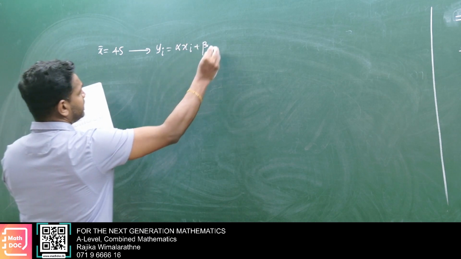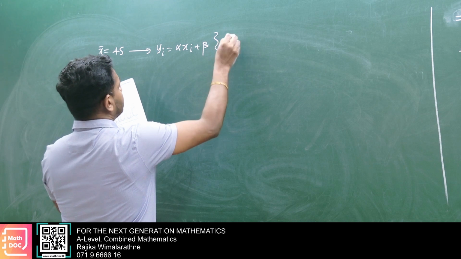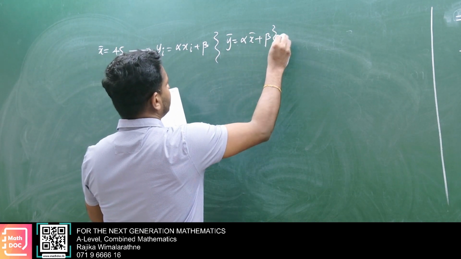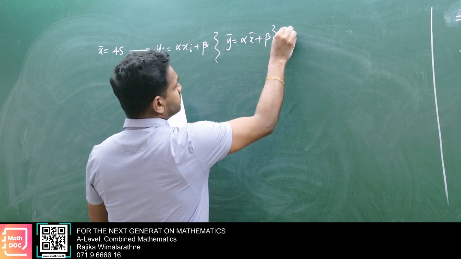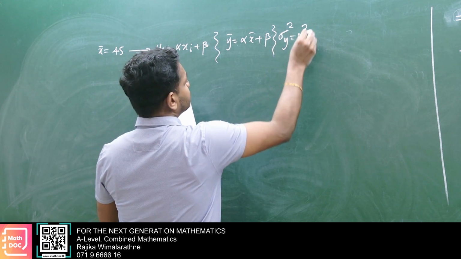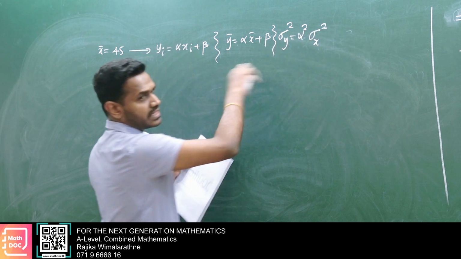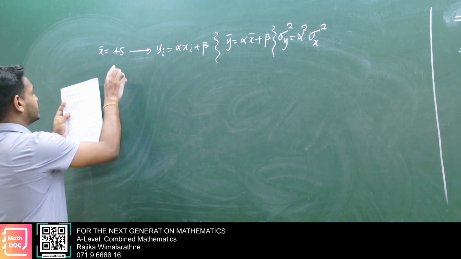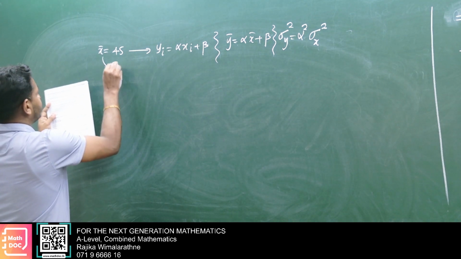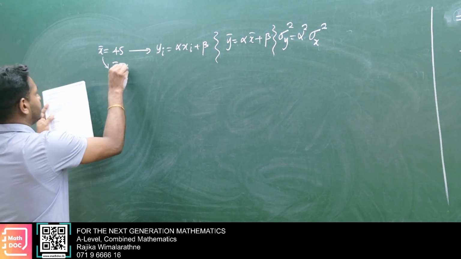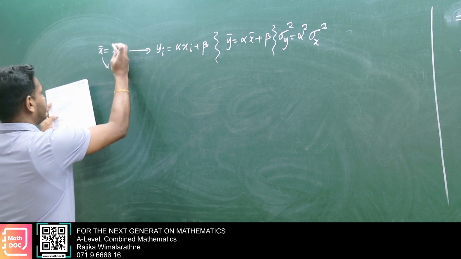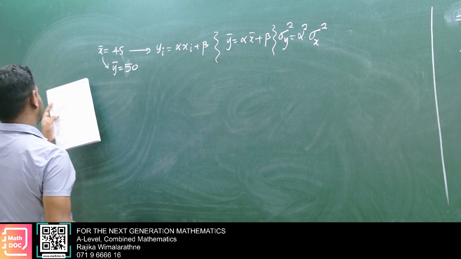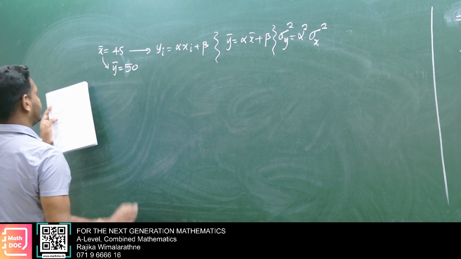Then the corresponding mean is y bar equals alpha x bar plus beta, and the corresponding variance is sigma y squared equals alpha squared sigma x squared. That is the linear transformation. So the original marks have mean 45, and the converted ones have mean 50 and standard deviation 15.